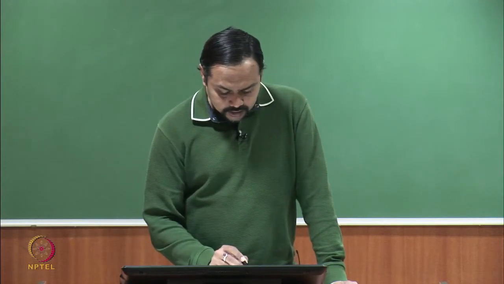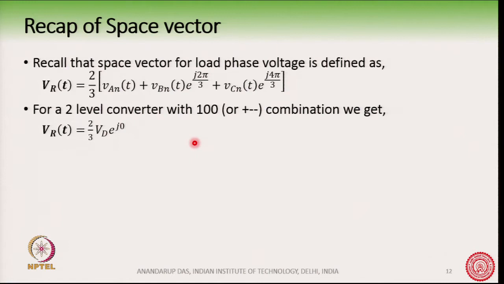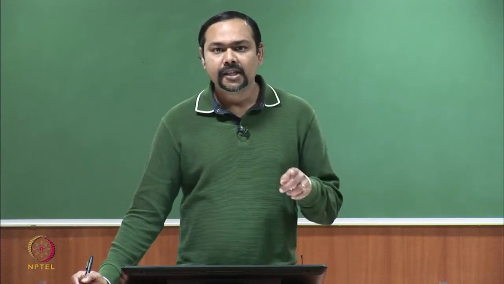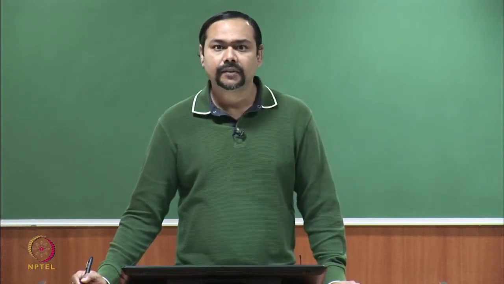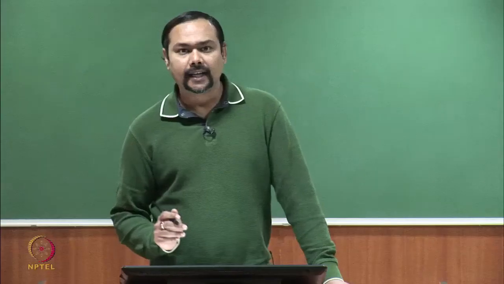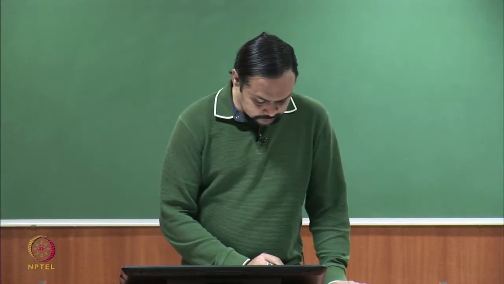Now, for a 2-level converter, we had earlier seen that with a 1-0-0 combination or +-- combination, that means A phase is connected to the positive DC bus and B and C phases are connected to the negative of the DC bus, we have the space vector of the load phase voltage equal to 2/3 Vd e to the power j0, that is at an angle of 0 degrees.